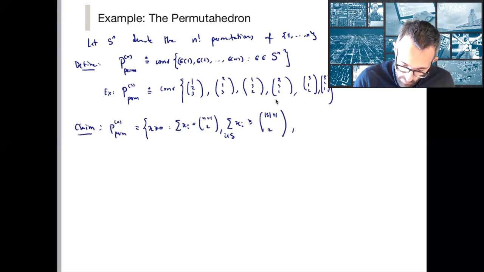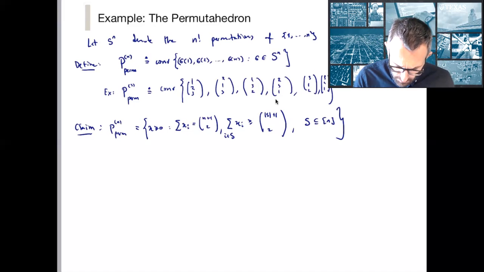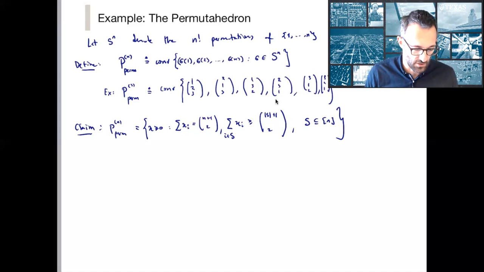And this has to hold for every subset of 1 to n. It's easy to see that the Permutahedron is contained in this set, since every vertex clearly satisfies this, and therefore, since all of these are linear constraints, the convex hull will satisfy all of these constraints. So we can check that all of these constraints are satisfied.